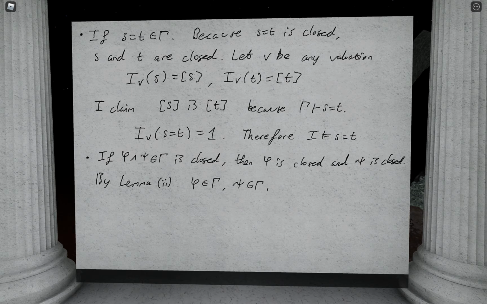If you're wondering what this lemma was, it was just that this is equivalent to this. If I have a conjunction in the set, then I also have the two conjuncts for the set gamma, and also vice versa. If I have the two conjuncts in gamma, then their conjunction is also in gamma. And that's only true because gamma is complete and consistent. Otherwise, this wouldn't hold. So those were the premises of that lemma.